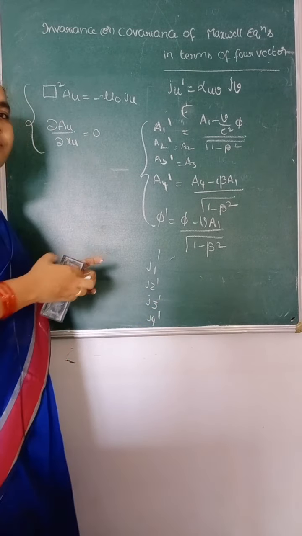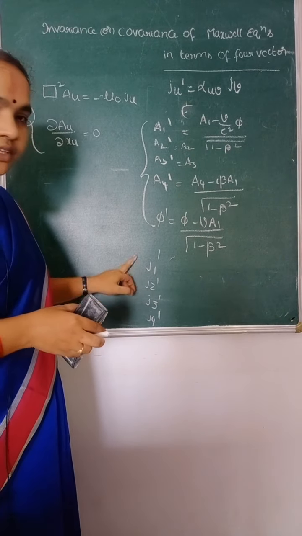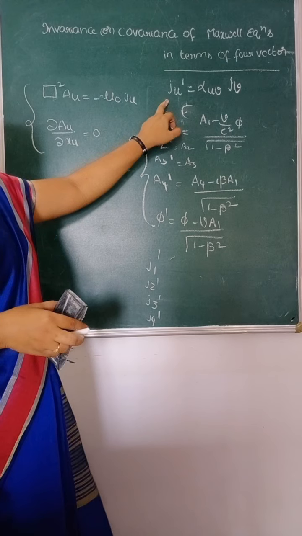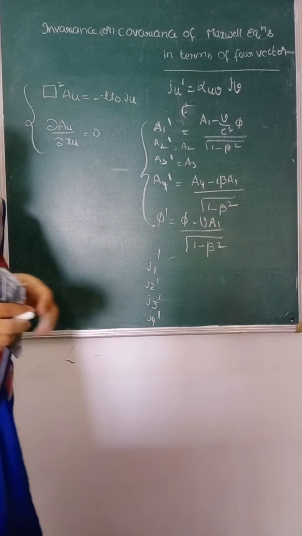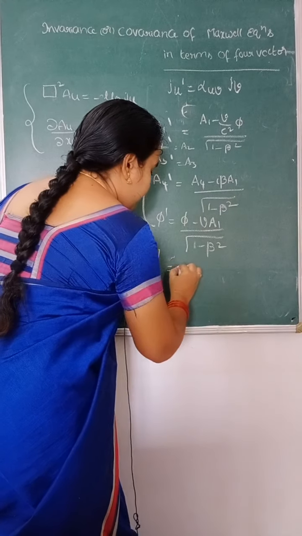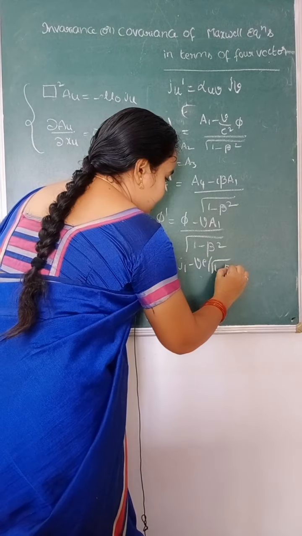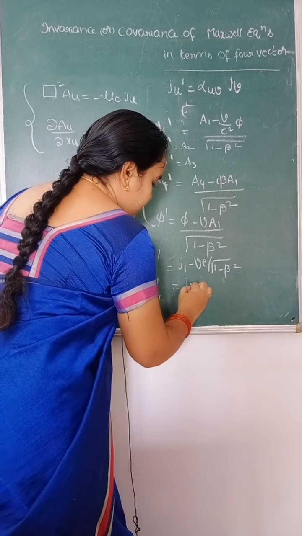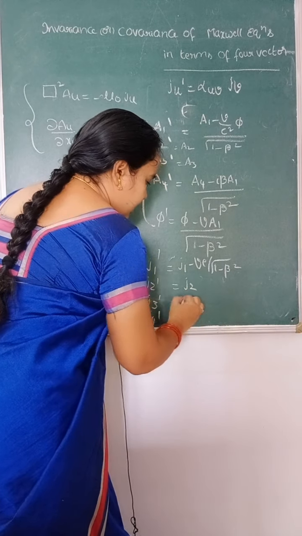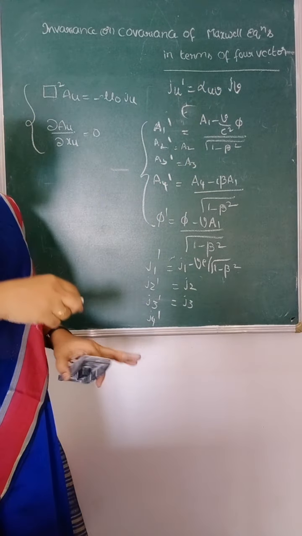What is J4? It is i rho c. Substitute, and from this Lorentz transformation finally we get J1 dash is equal to J1 minus V rho by root of 1 minus beta square. J2 dash is the same J2, J3 dash is J3. These are simple, just substitute the matrix.